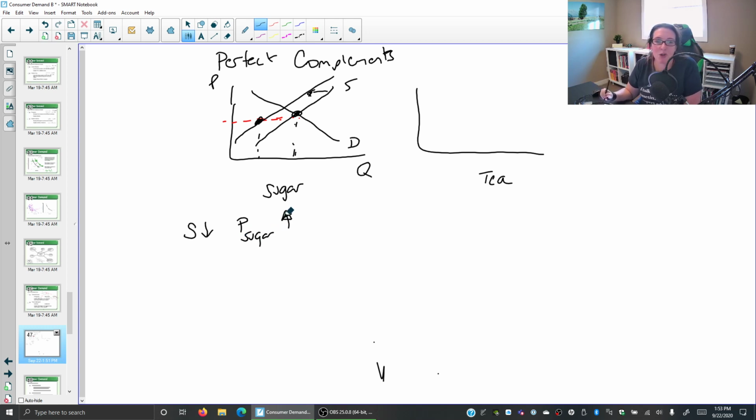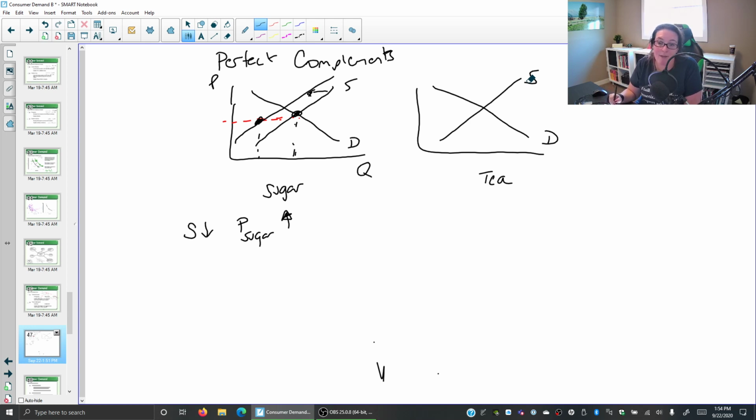If the price of sugar goes up, what happens in the market for tea? Well, if they are perfect complements, if you only like tea with sugar in it, and sugar is now more expensive, what happens to the amount of tea you are willing and able to buy?